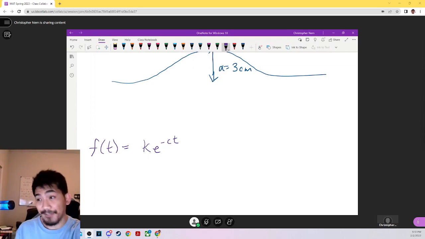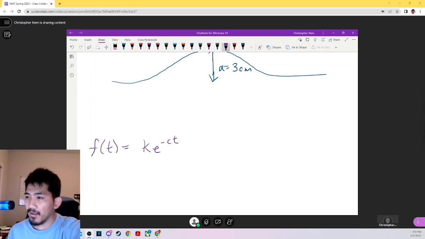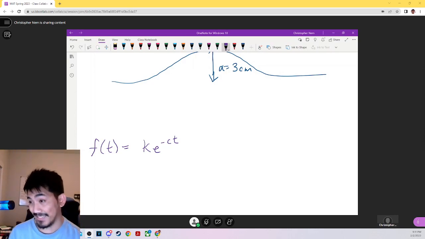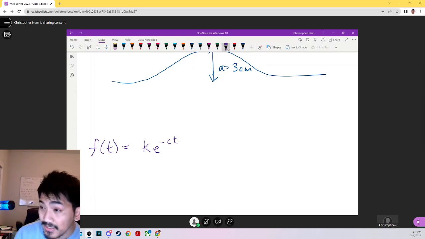You guys work with half-life, which you use base 2 instead of base e. Well, I can use base e no matter what, because no matter how much I am decaying, if I'm decaying by half every single time or decaying by 20% or 30%, I can rewrite it in terms of base e. You're able to do that. That's in pre-cal algebra. So this is going to represent that exponential decay.